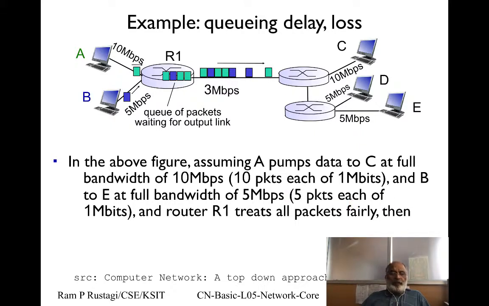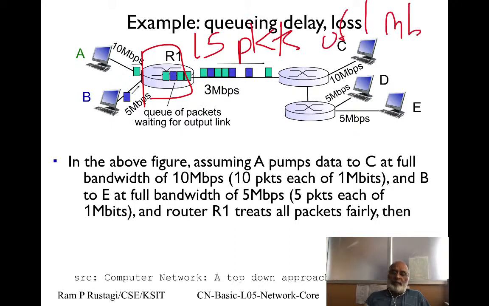So router R1 will receive 15 packets of 1 megabit every second. It can transmit only 3 packets per second, and that means it has to drop 12 packets per second, even after whatever queuing buffer is full.